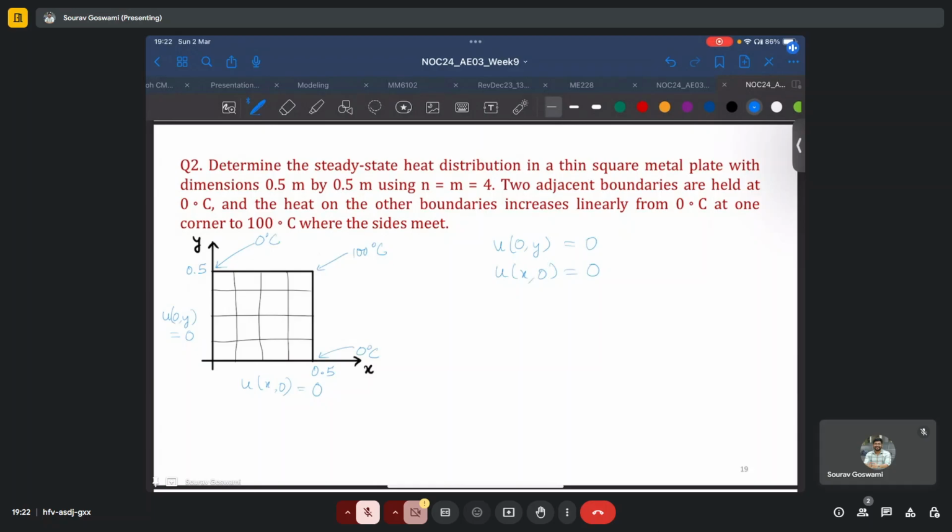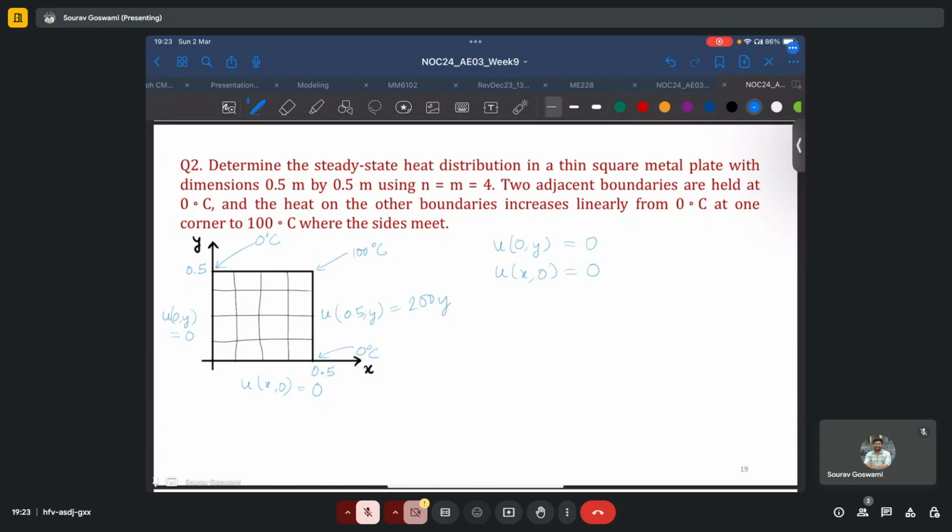So with all of this information we can very quickly say that, given that this length is only 0.5 meters, u at (0.5, y) should be equal to 200y, because at the bottom corner y is 0 and so u is also 0.